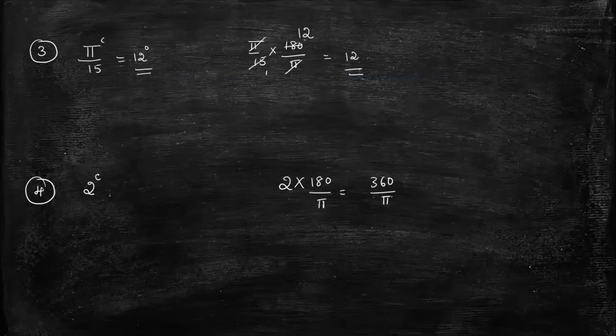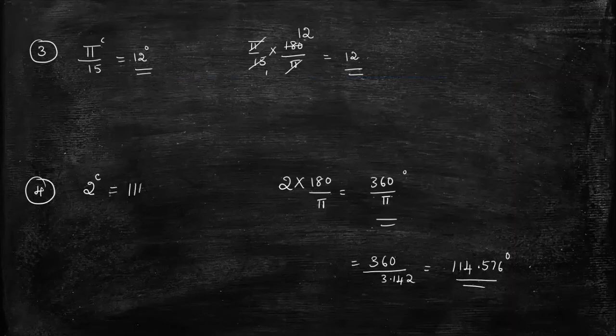If you want to substitute the value of pi, I can substitute 3.142 and calculate. So 360 divided by 3.142 is around 114.576 degrees. So this is the measure of 2 radians, 114.576 degrees. So this is how you convert.